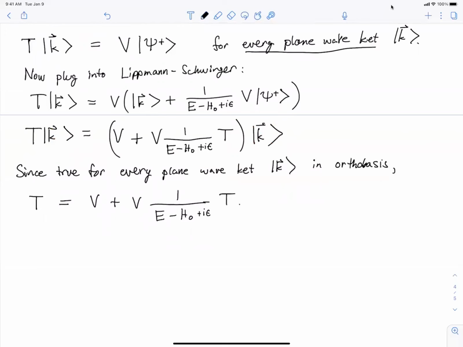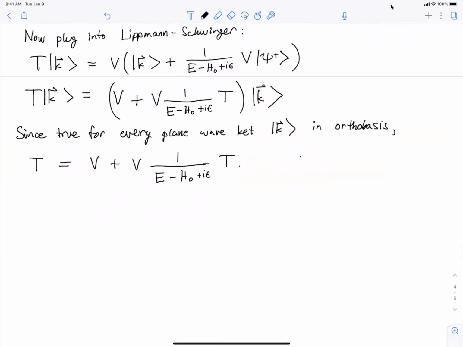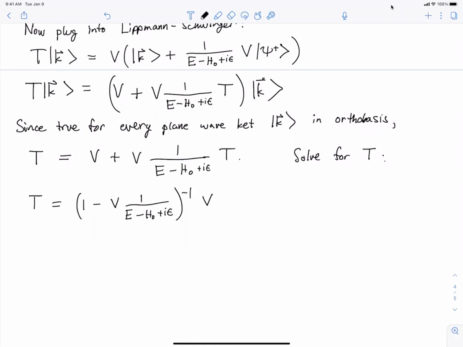Okay, so anyway, we have this operator equation, and we can now solve for the operator T. And we do that first by bringing T to one side of the equation, and then dividing by the appropriate inverse operator, which turns out to be this. So T is 1 minus V times this inverse operator, and then we have to take the inverse of that, multiplied by V. So this is a funny equation because it involves the inverse of an operator that involves an inverse.